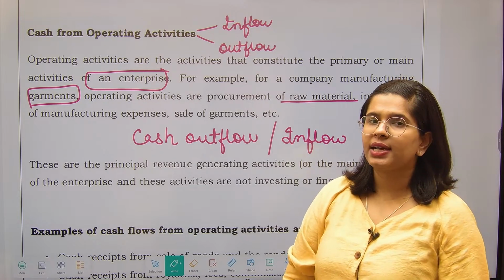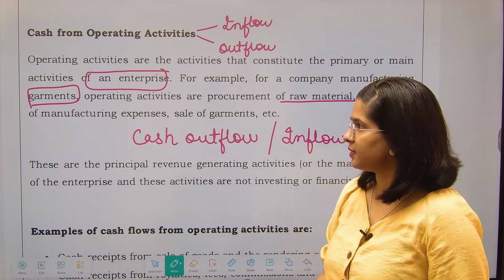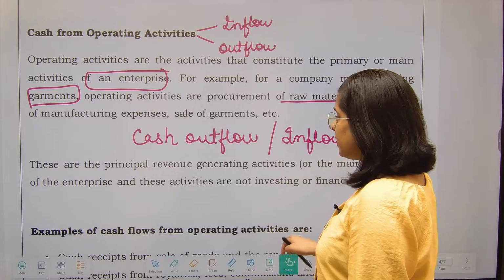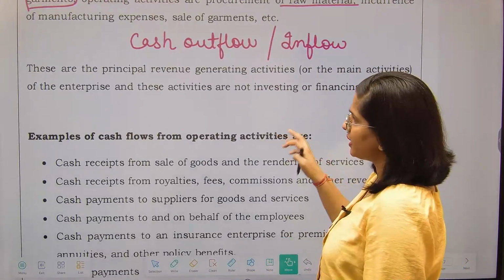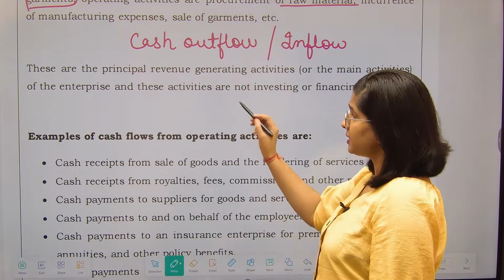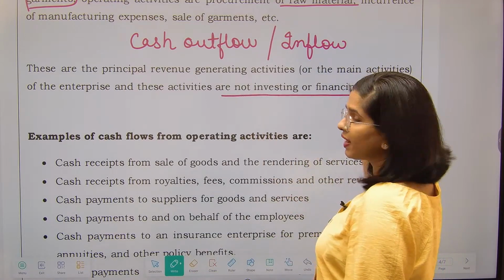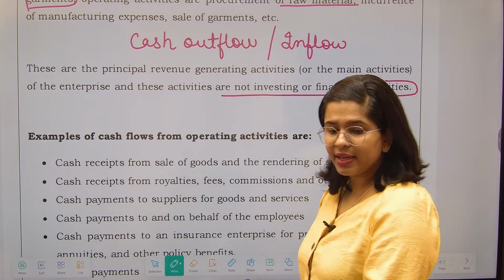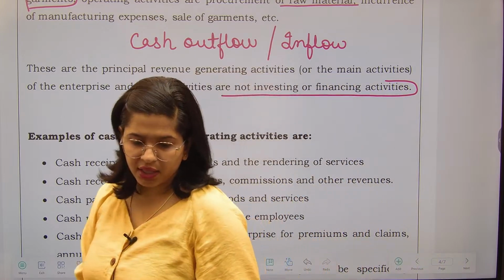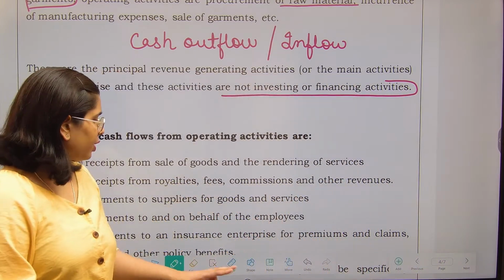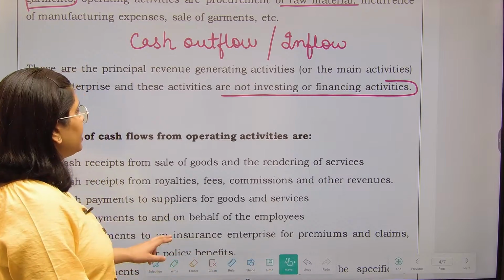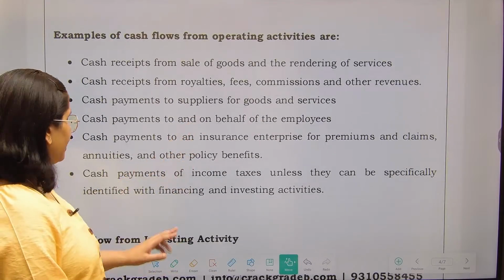All such things will be considered as the operating activity. So these are the principal revenue generating activities of the enterprise, and these activities are not investing or financing activity. Now what investing and financing activities are, we are going to study in a bit of time. But first let's see the examples from the operating activities.